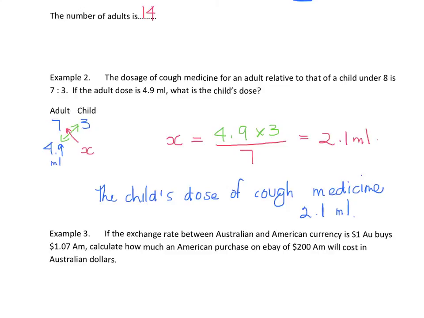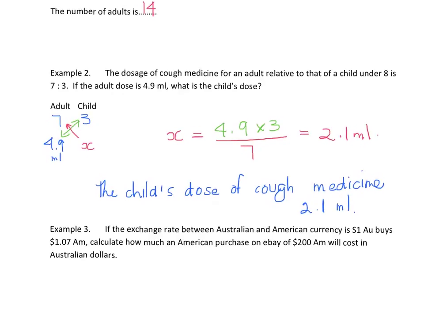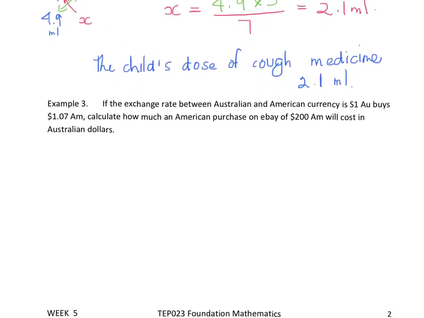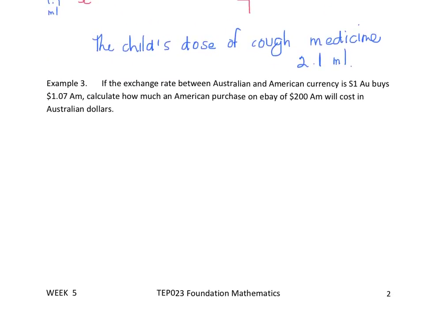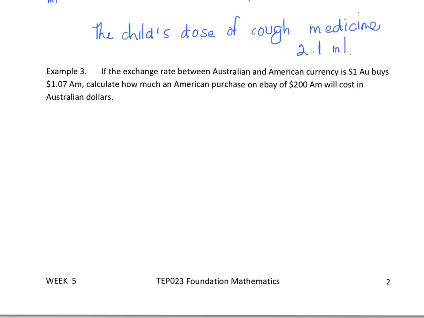Okay, now the next problem, somewhere where we use ratios all the time when we compare currencies. So example 3 is the exchange rate between the Australian and American currency is that $1 Australian buys $1.07 American. Calculate how much an American purchase on eBay of $200 American will cost in Australian dollars.